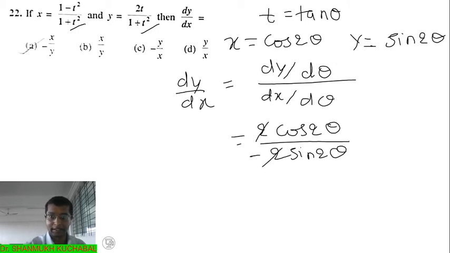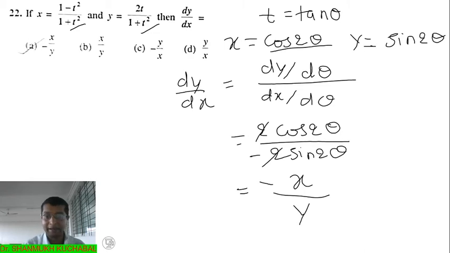Now the 2 and 2 cancel. The answer is not to be in terms of trigonometric functions but in terms of x and y. So I take cos 2 theta as x and, with the minus sign, sin 2 theta as y. Therefore option A, minus x by y, is the right answer.